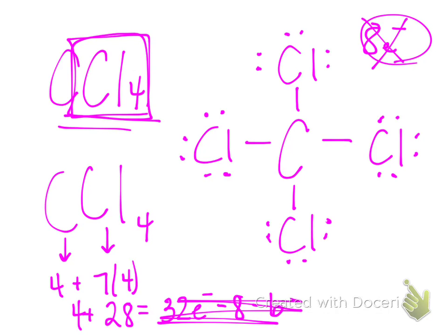Okay, so now we check our octets. This chlorine has 2, 4, 6, 8. This chlorine has 2, 4, 6, 8, 2, 4, 6, 8, and 2, 4, 6, 8. So the octets are all good. Now we count our total electrons. 2, 4, 6, 8, 10, 12, 14, 16, 18, 20, 22, 24, 26, 28, 30, 32.